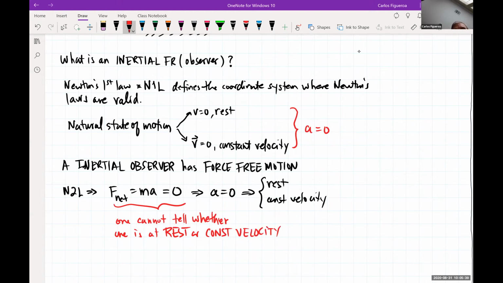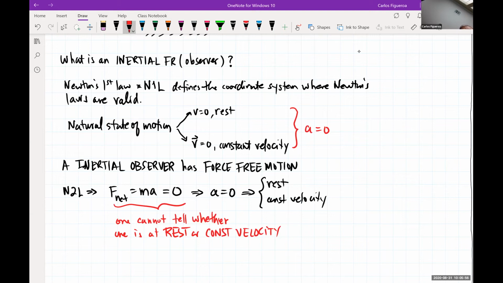So inertial observers are in force-free motion because the net force is 0. And because the net force is 0, you cannot tell whether you're at rest or at constant velocity.